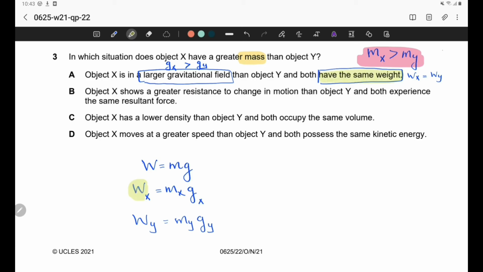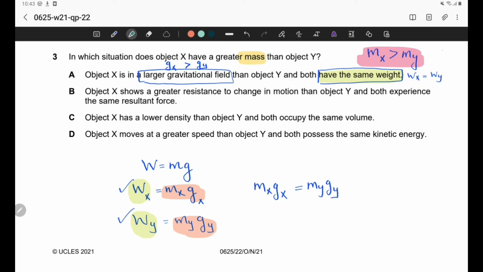That means Wx, the weight of X, and the weight of Y are the same. As the left-hand side of the equation is equal, we can equate the right-hand sides. So we get mx gx, the weight of X, equal to my gy, the weight of Y.